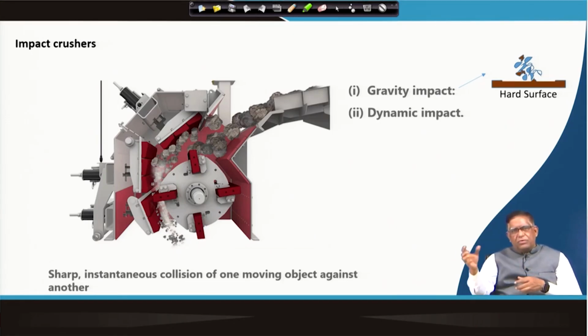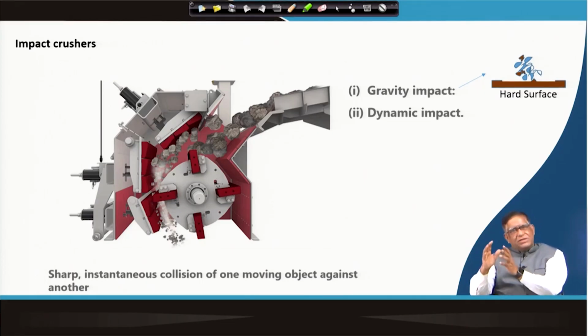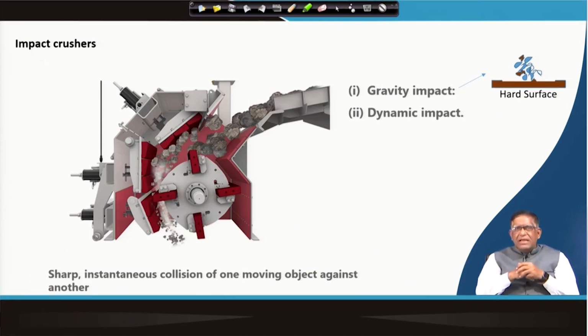Say if you want to break a granite, what should be the size of the hammer, what height to drop it from, and how many times the blow will have to be given. If you take coal, what should be the size of the hammer and how many times the blow will have to be given. You can design a number of experiments and find out the specific energy required by different methods. If you want to give pressure, then exactly how much energy you will have to press with to break it.